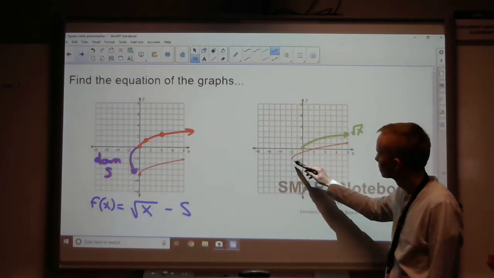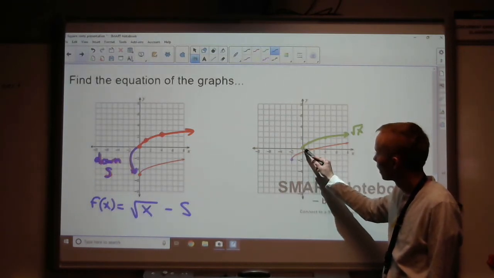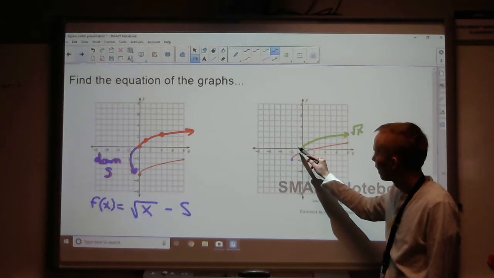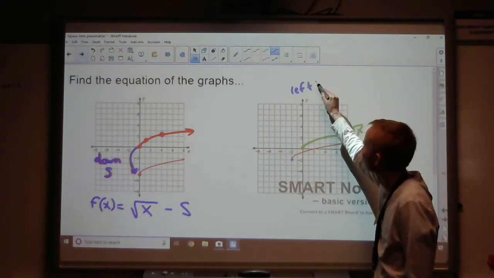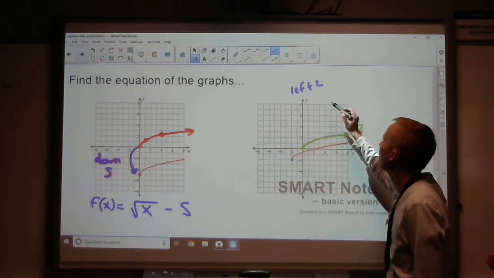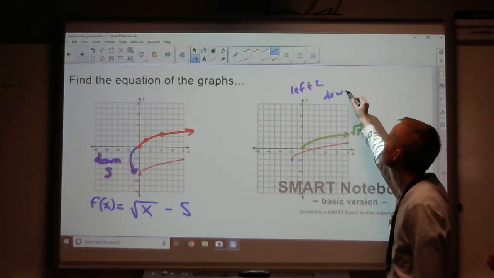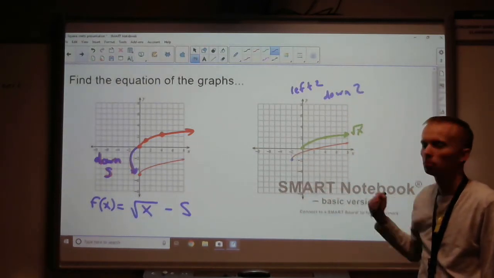Well, it looks like, so this point moved to this point. So I went left 2, and then down 2 to get between these two.